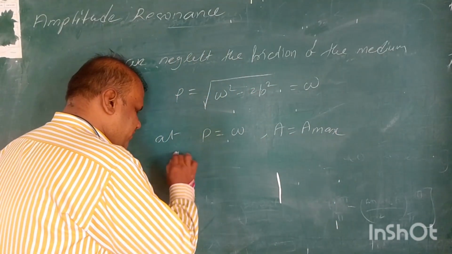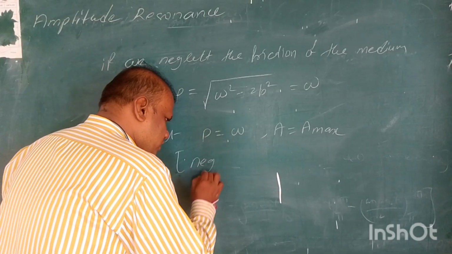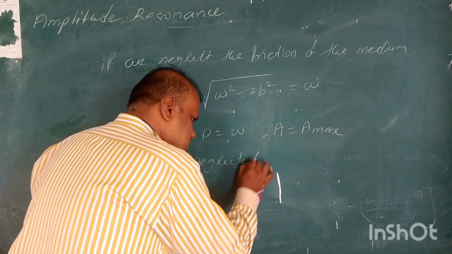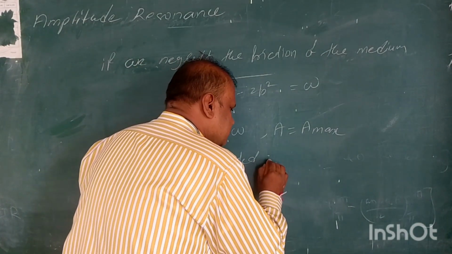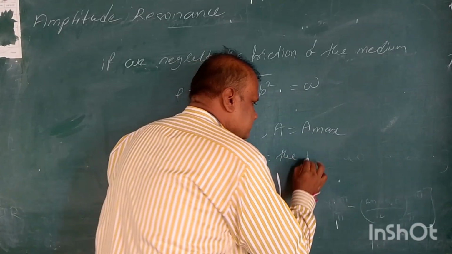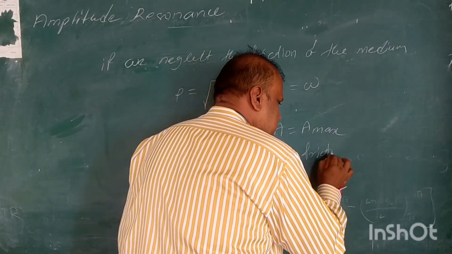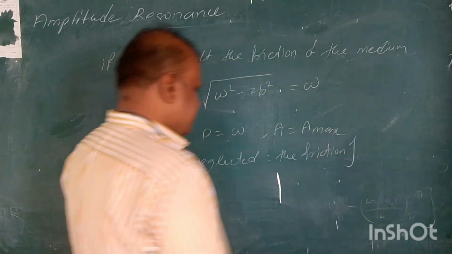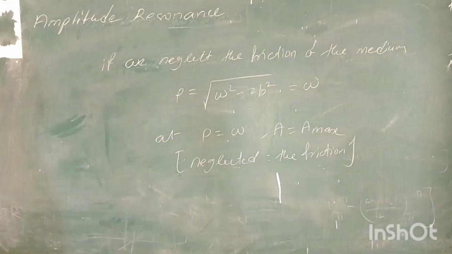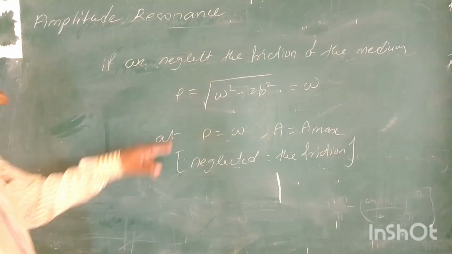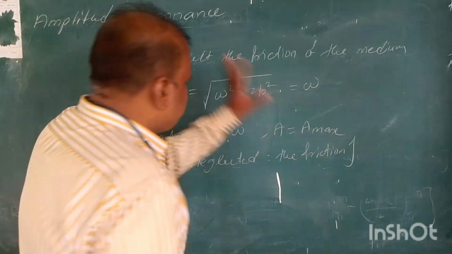So what have we neglected? We have neglected the friction of the medium. So when p becomes equal to omega, the amplitude becomes maximum. At this frequency the amplitude is going to be maximum.